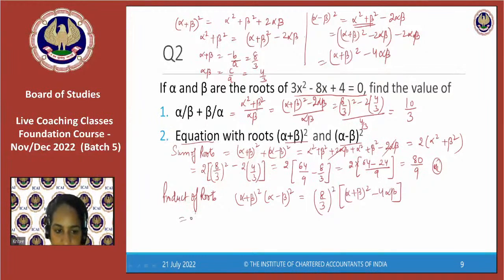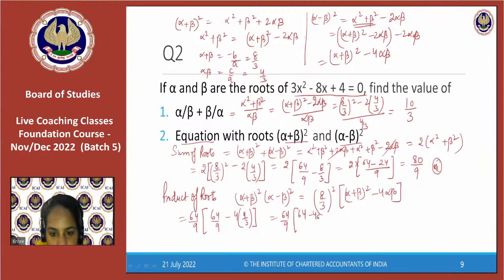Alpha minus beta square can be written as alpha plus beta whole square minus 4 alpha beta. That is 64 by 9 minus 4 times 4 by 3. Take the LCM again. 64 by 9 minus... 4 threes are 12, so 48 by 9.